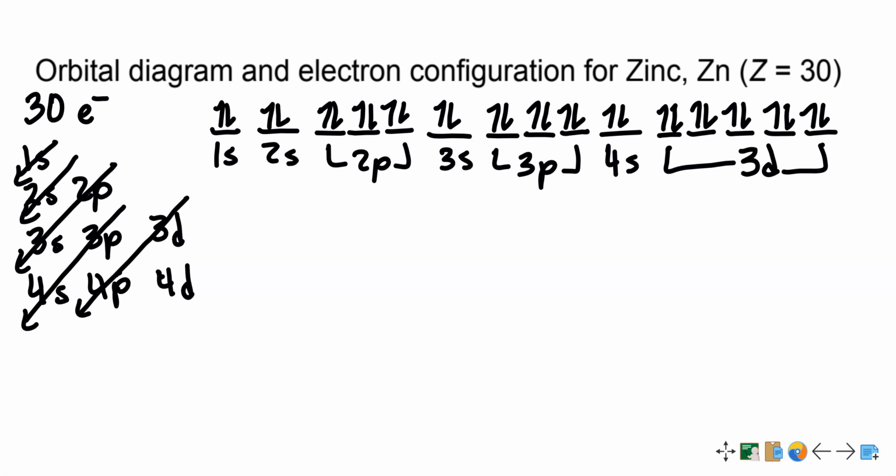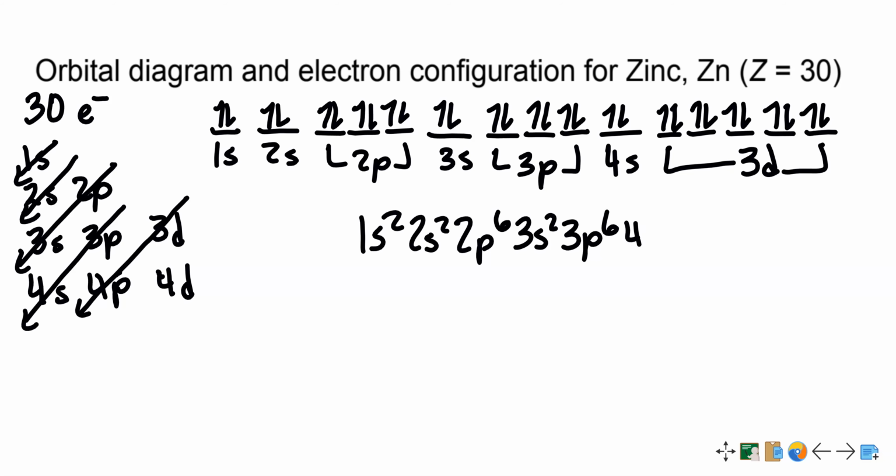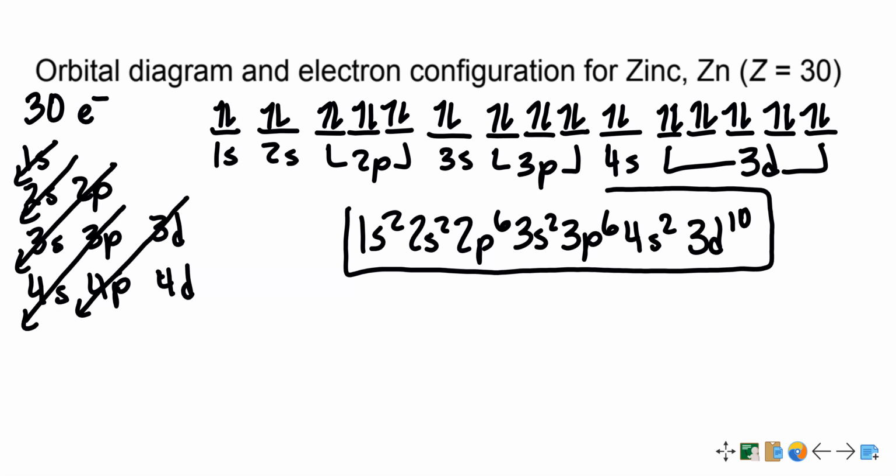Then when I convert that, all I do is add the exponents that say how many electrons are in that sublevel. So 1s2, 2s2, 2p6, 3s2, 3p6, 4s2, and 3d10. Okay, that is all there is to coming up with the electron configuration from the orbital diagram.